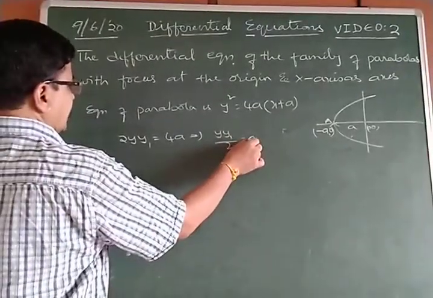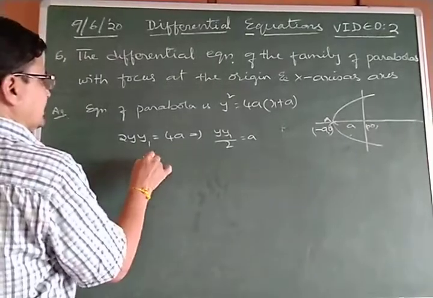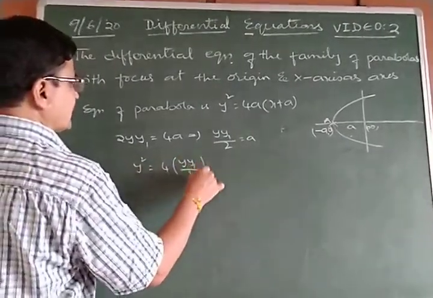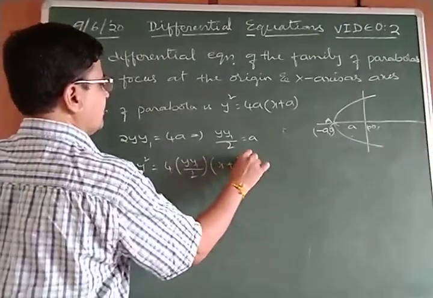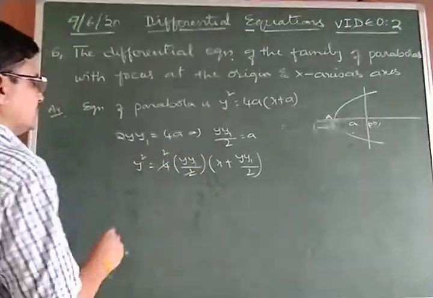Substituting the value of a in the given equation, that is y square is equal to 4 into y1 by 2 into x plus y1 by 2. Now these two are cancelled.